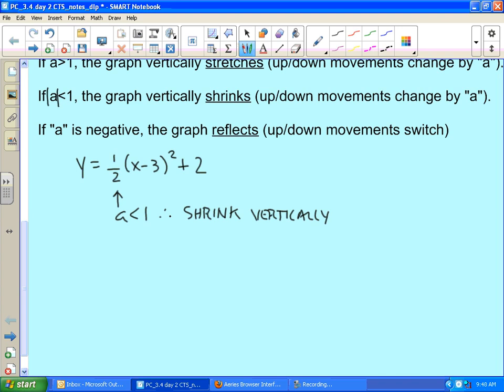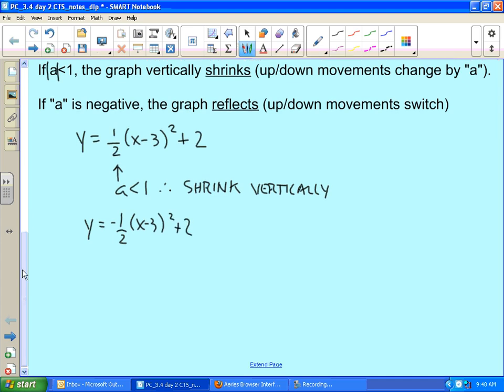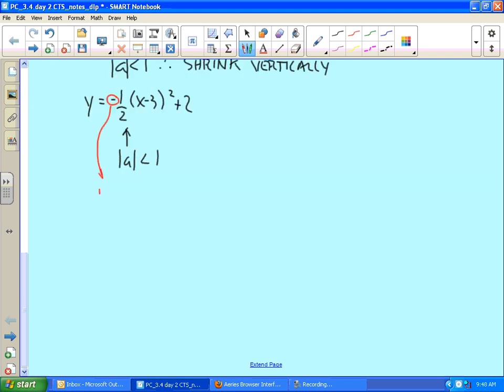Now, if we did the same thing but stuck a negative in front of that 1/2, same equation with just that adjustment, the absolute value of a is still less than 1. So I want you to keep them separate. I want you to think of a negative in front of a as a separate thing. This is telling me to reflect.